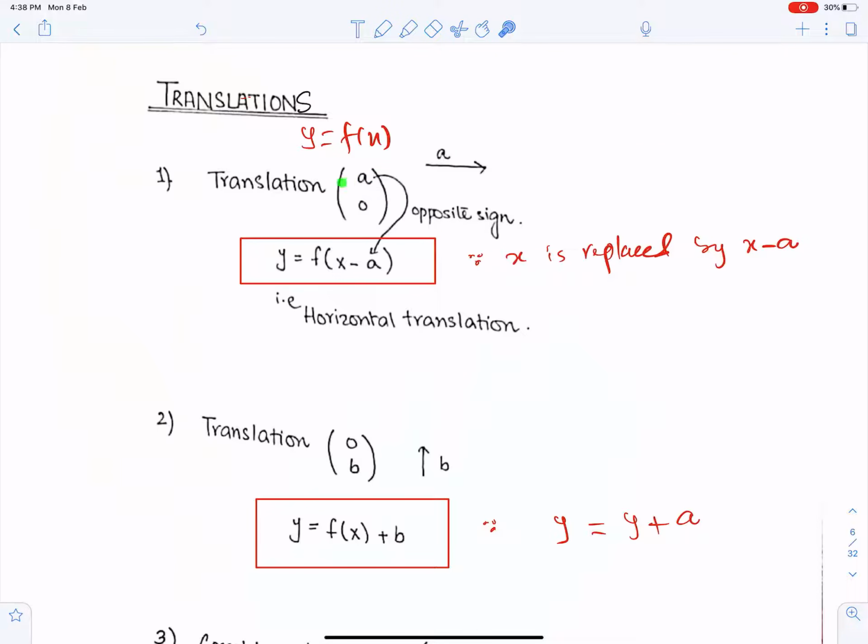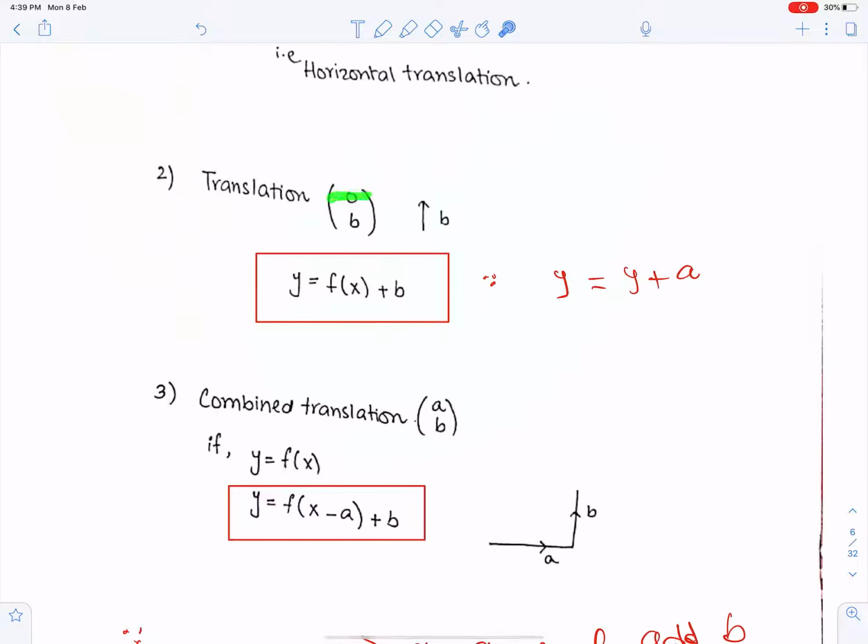What if we had negative a here? Then you should have used positive a here. So this is positive a, so by replacing x by x minus a here, we can get the equation of the image. And this means horizontal translation. You can simply describe this vector as translation a0.